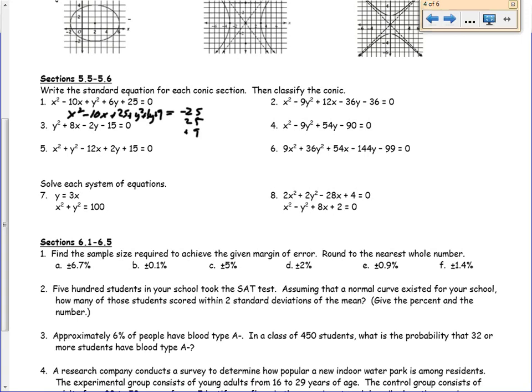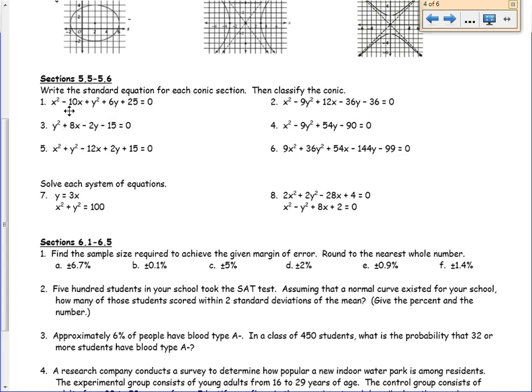All that cancels out, and my standard form is x minus 5 squared, I get from factoring this. Y plus 3 squared, I get from factoring the second thing, equals 9. Okay, that's for that first one.